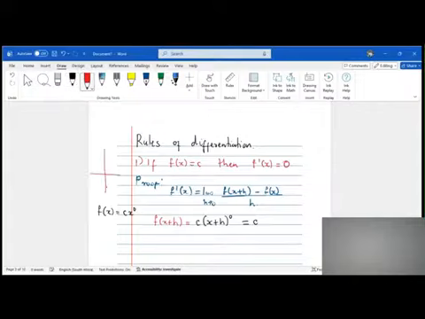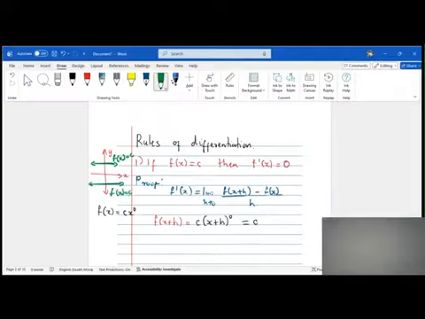This can be something like this, where f of x equals a constant, and this constant can be positive or it can be negative. So I can have another line here if the constant is negative, where f of x equals that negative constant.